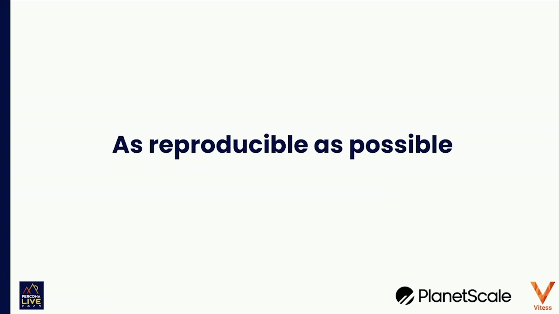We also wanted the benchmarks to be as reproducible as possible, because we wanted to be able to easily debug a benchmark or dig into why a benchmark was saying that it's not performing well. If you do a benchmark on main, we wanted to be able to do the exact same benchmark on a different SHA, basically on a different commit.